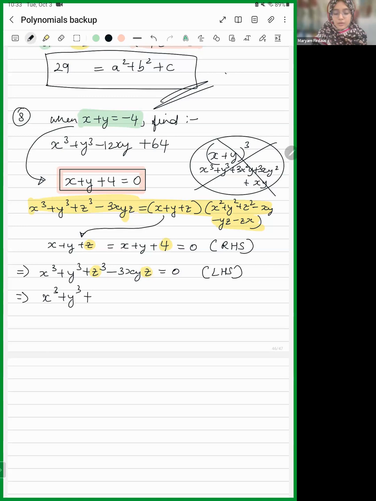And 4 cube is what? 64 minus 3xy into z, which is 4. So this becomes x cube plus y cube plus 64 minus 3 4s are 12xy. This is your 0. This is what the final answer is.